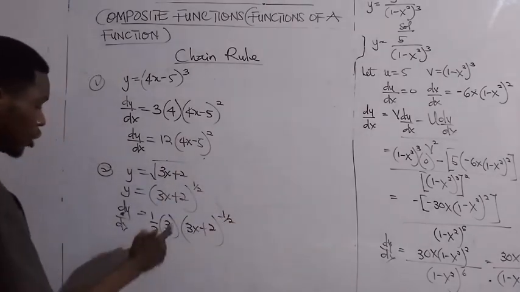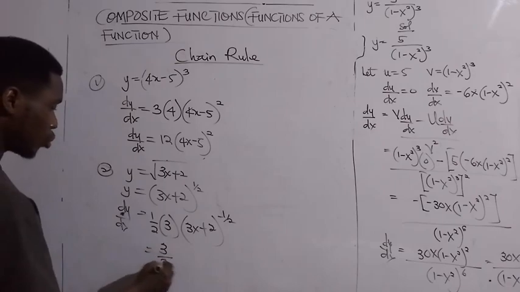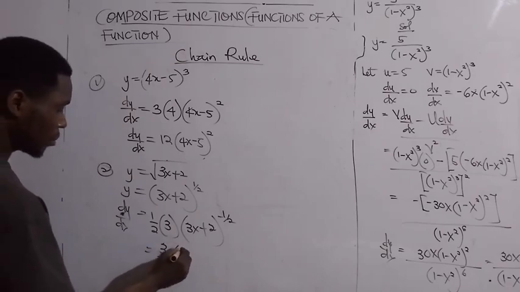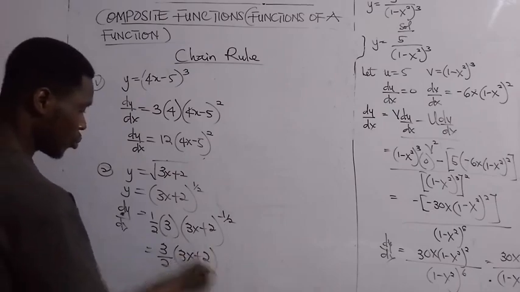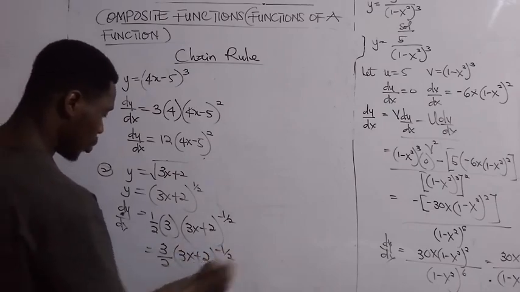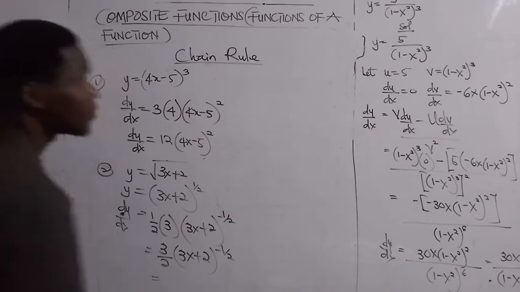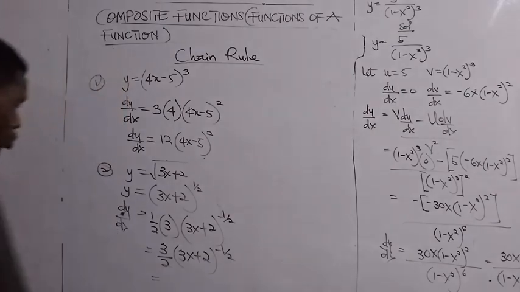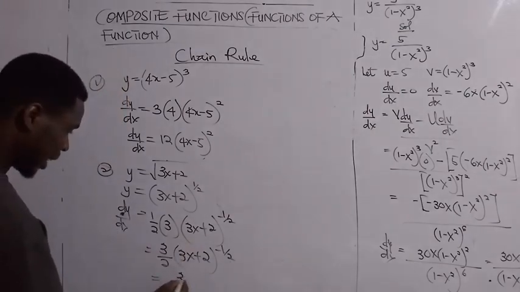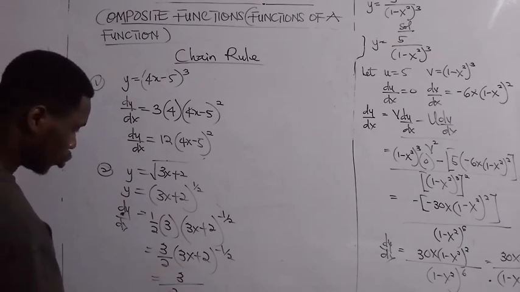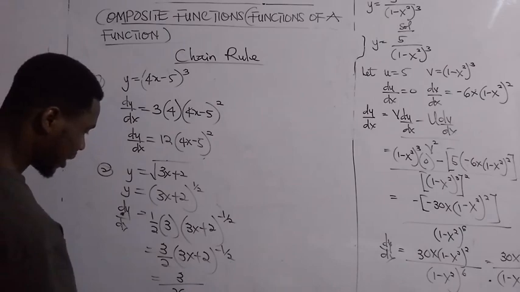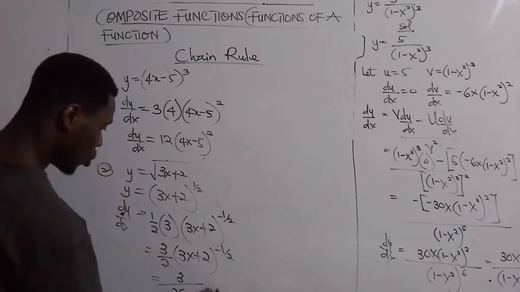What do we have? This will give us 3 over 2. Then we have (3x plus 2) exponent negative 1 on 2.